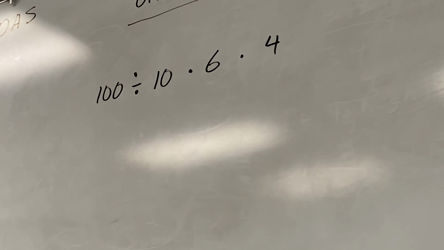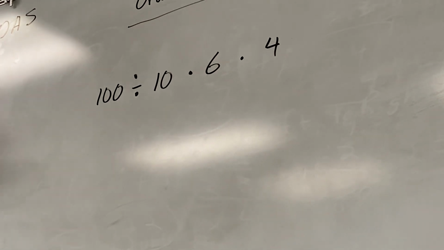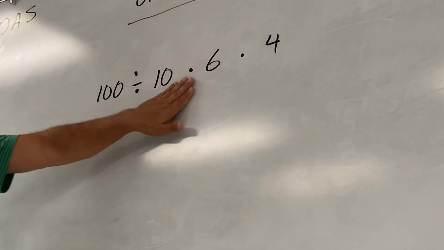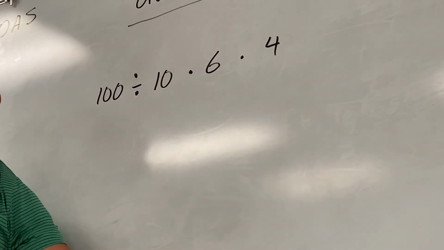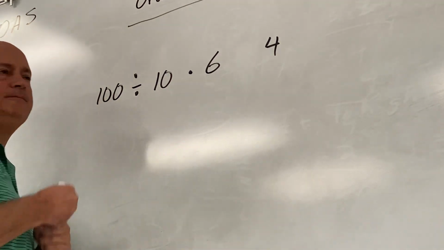Haley. So do I do multiplying first? Because multiplying comes before dividing. Or do I need to work this one left to right? That's the question we need to ask ourselves. Do y'all agree with Haley? Yes. Since it's only got multiplying and dividing. Now, let me go back. I originally had the plus in there.